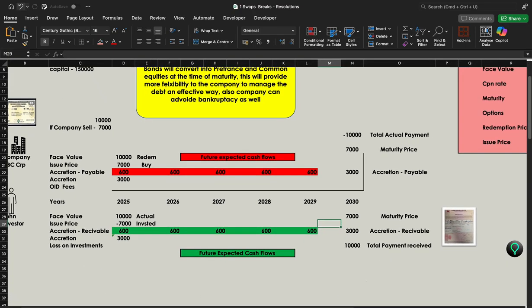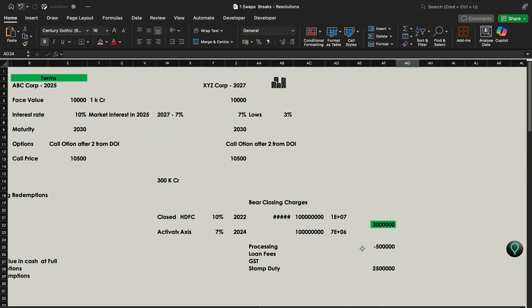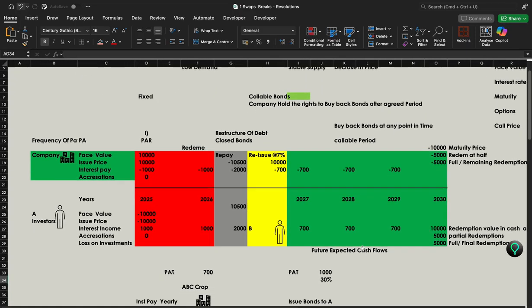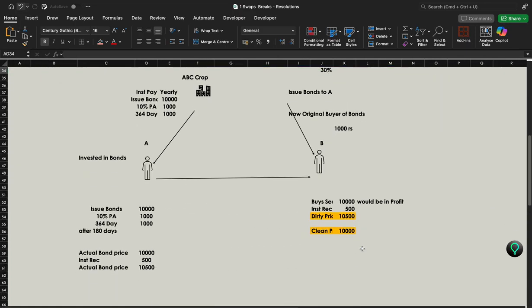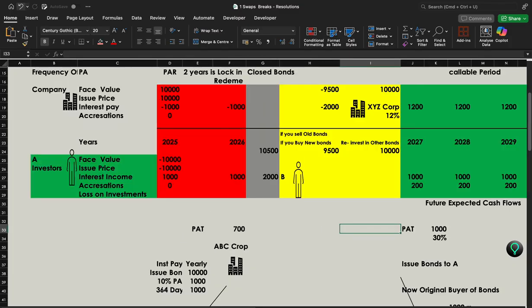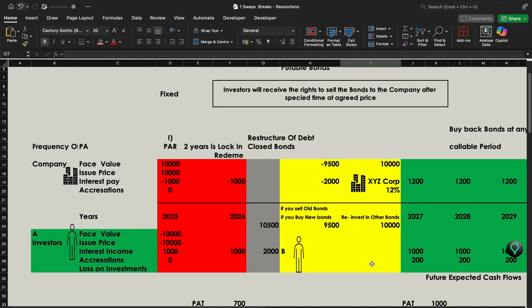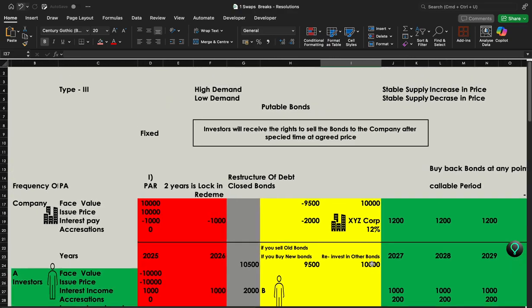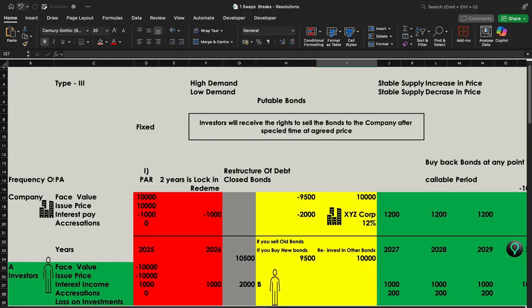Convertible bonds, restructuring of a debt. There are two more types which I want to discuss quickly: putable and callable bonds.